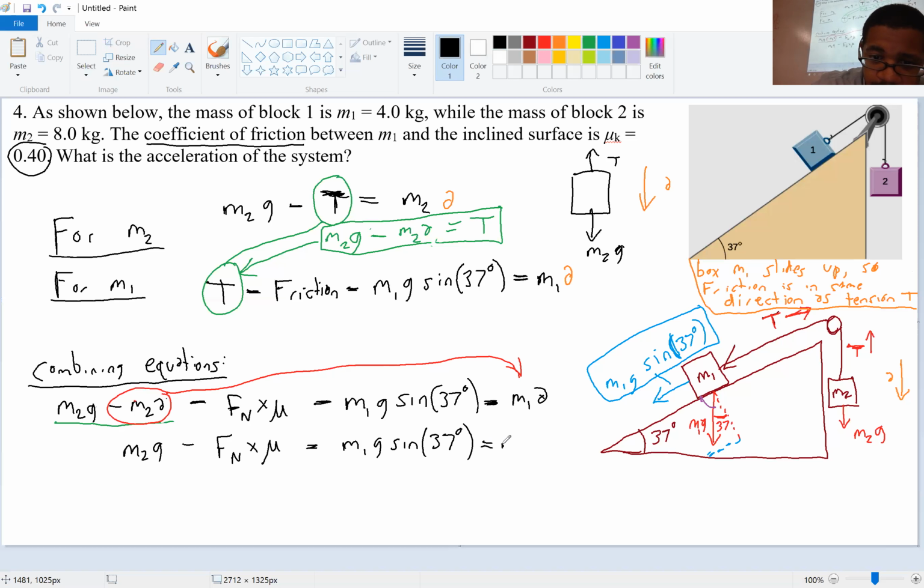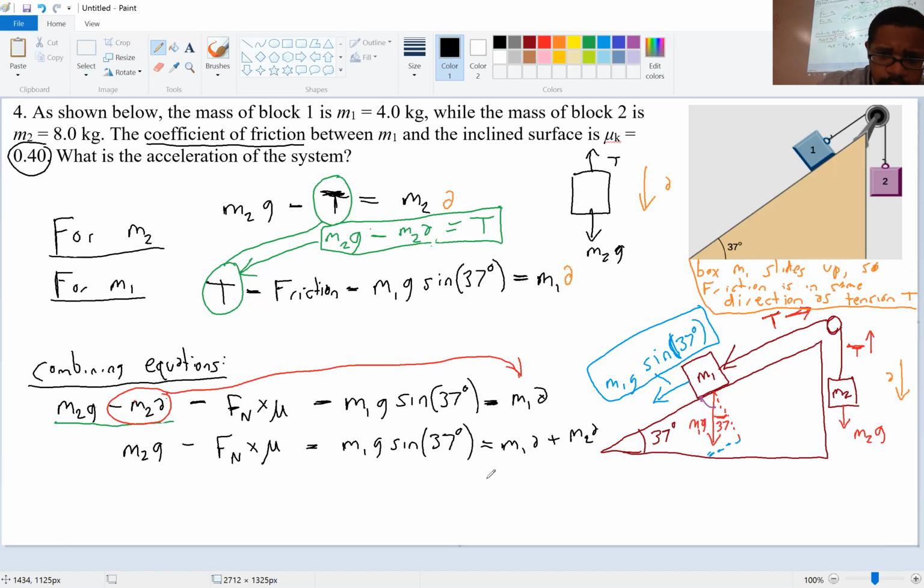And on this side, I have M1A plus M2A. And then, of course, I can factor that out and divide both sides.